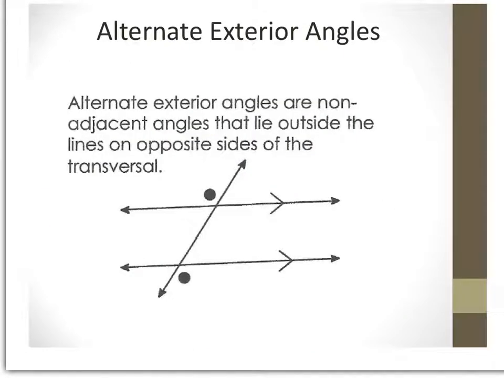Alright, so next we're learning about alternate exterior angles. Exterior means that they are above or below the parallel lines. So up here and down here. This is exterior.